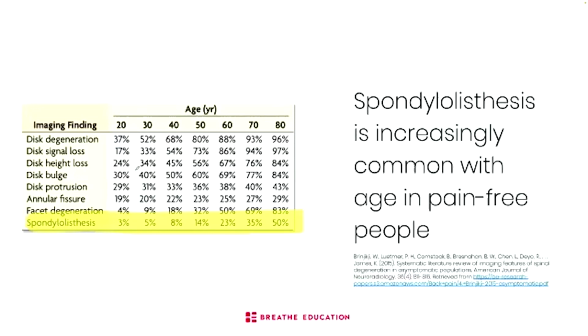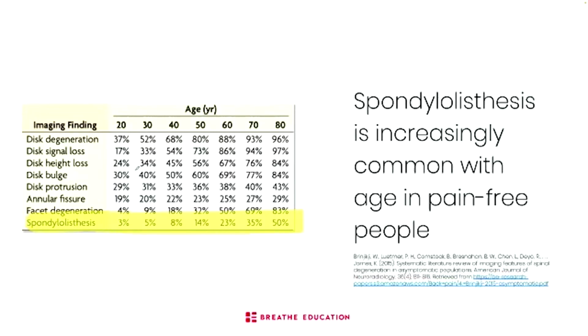Well, it turns out, if you're 50 years old, about 1/7, about 14% of people pain-free at 50 years old have a spondylolisthesis. But that doesn't tell us whether it's more or less or the same amount of common in people with pain, right?